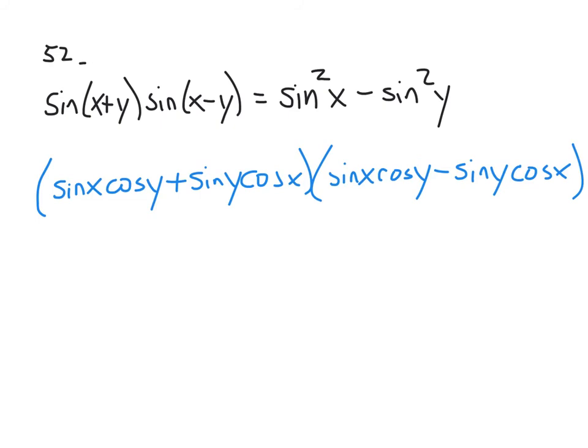All right, and the only thing it looks like that we can really try out is to FOIL all this. And so then what we would get is sine squared x cosine squared y minus sine of x sine of y cosine of x cosine of y.